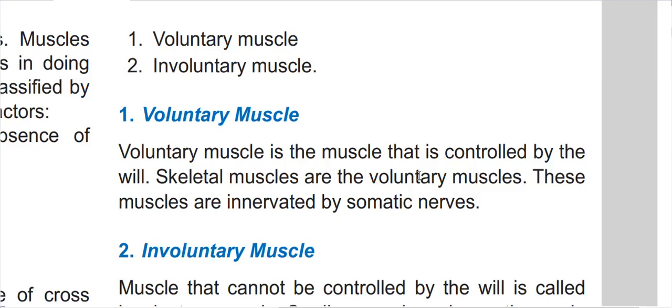It works on our will. That's why these are called voluntary muscles. Skeletal muscles are voluntary muscles. These muscles are innervated by the somatic nervous system. The nervous system has different parts. Somatic nerves are the nerves which innervate the muscular system in our body, and these nerves send signals to the skeletal muscle.